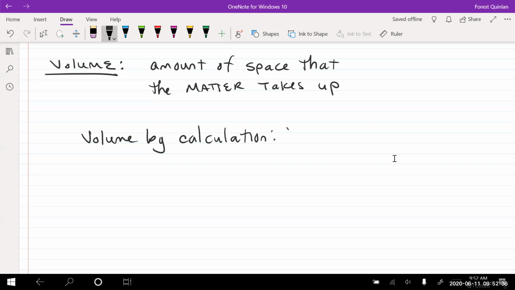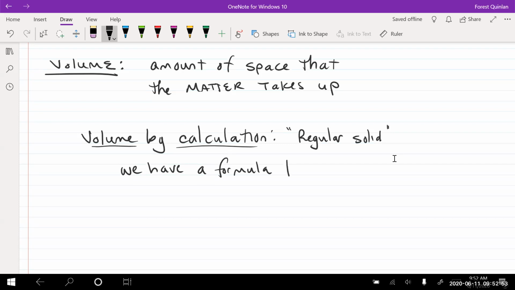And this is for something called a regular solid. And all that means is we have a formula. We have an equation. We have a formula to calculate the volume.